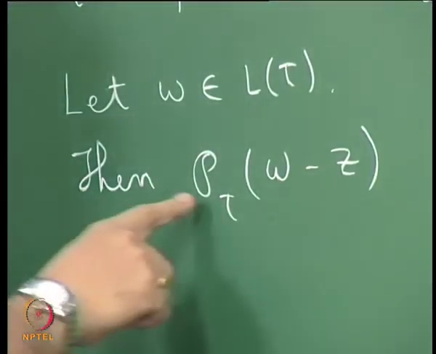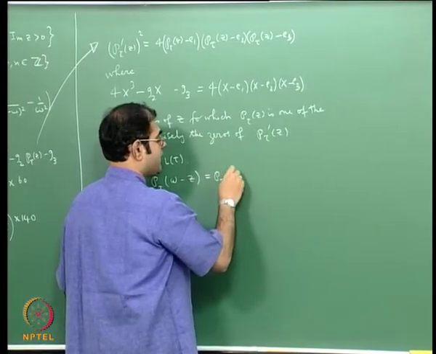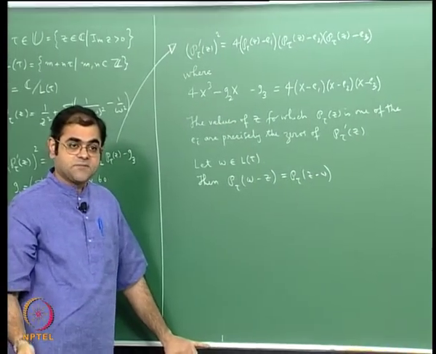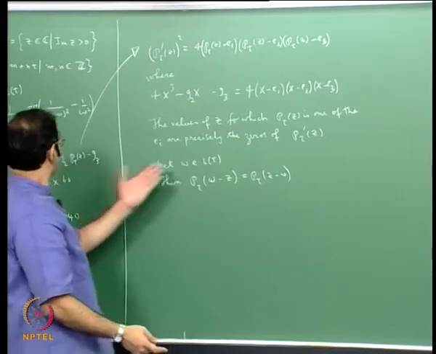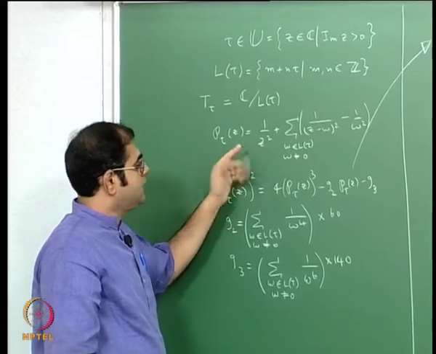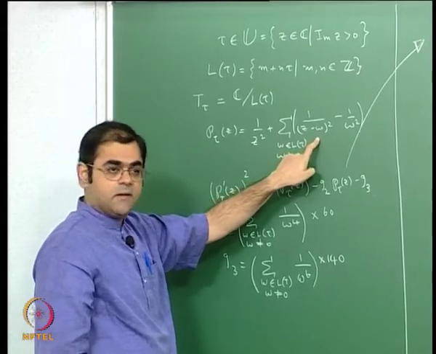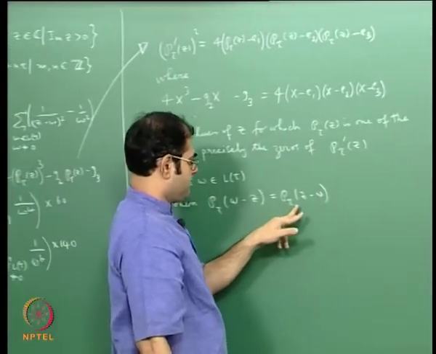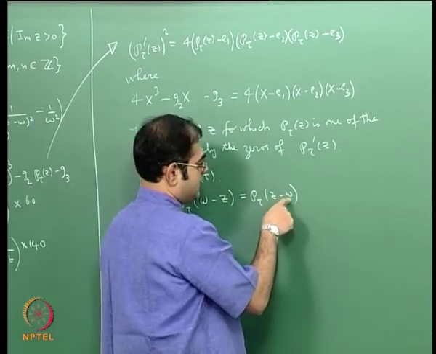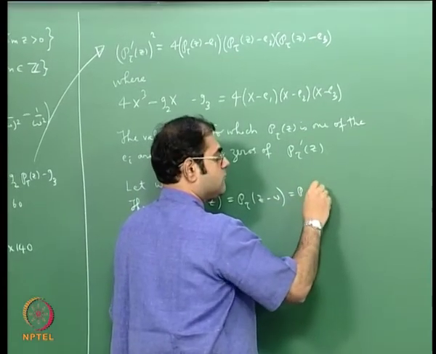So p tau of omega minus z is p tau of z minus omega, because p tau is an even function. The Weierstrass p-function is an even function, which you can anyway see by looking at its series expansion, which involves only even powers. And since omega is a period, this is also equal to p tau of z.